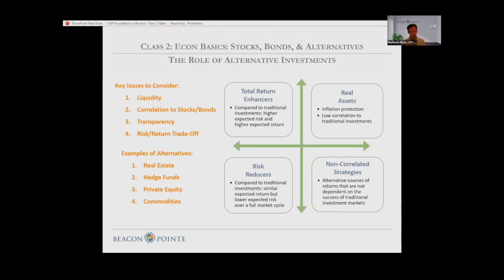So we talked about asset allocation. One thing that we have not really dove into very much is alternatives, or alternative investments. So what are alternative investments? Essentially, an alternative investment is anything outside of a traditional stock or bond allocation. So the universe of alternatives is vast, right? You can have real estate in there, commodities, private equity, private debt.